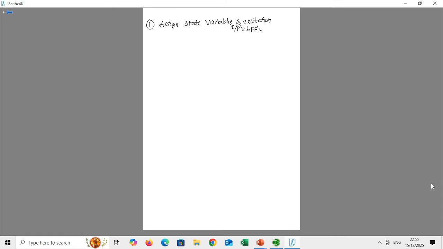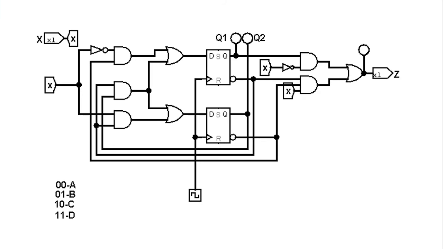Now let's look at the circuit. This has 2 flip-flops, and the output of the first flip-flop let's call Q1 and Q1 bar. The output of the second flip-flop let's call Q2 and Q2 bar.